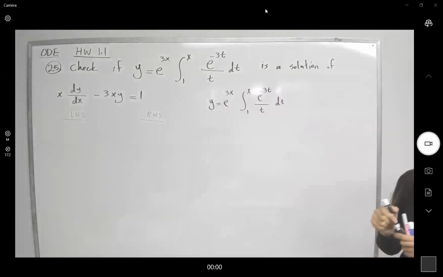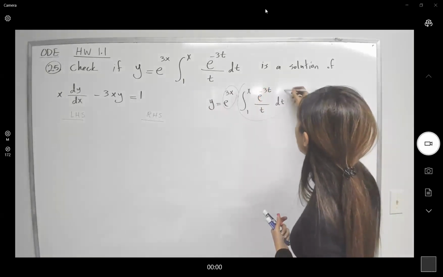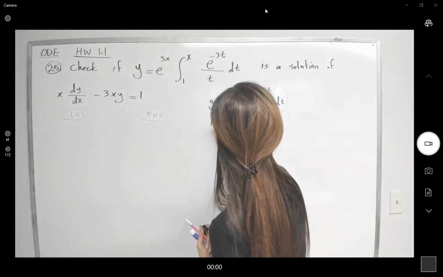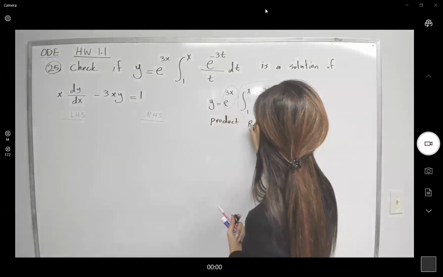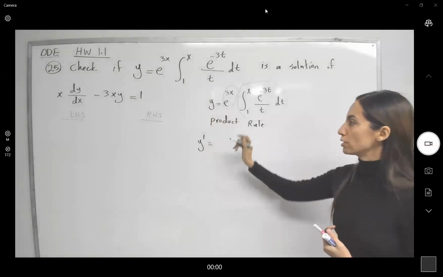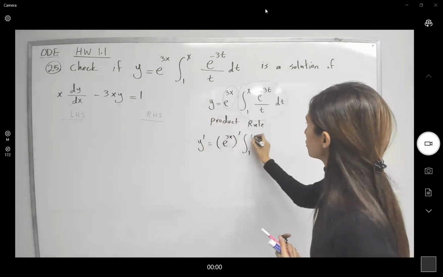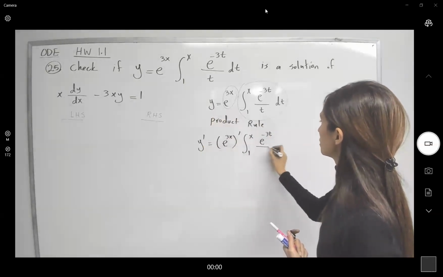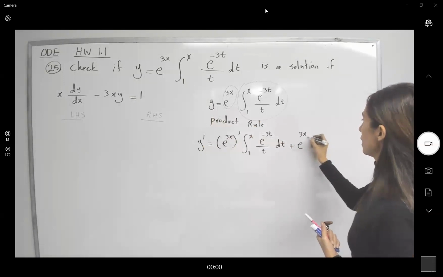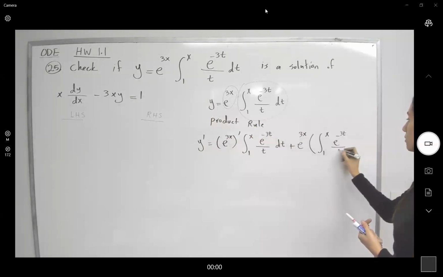First of all, note that you have the product of two quantities, e to 3x times this integral, so you have to apply the product rule. y prime is equal to the derivative of the first quantity, e to 3x, times the integral from 1 to x of e to negative 3t divided by t dt, plus we copy down e to 3x and the derivative of this integral.